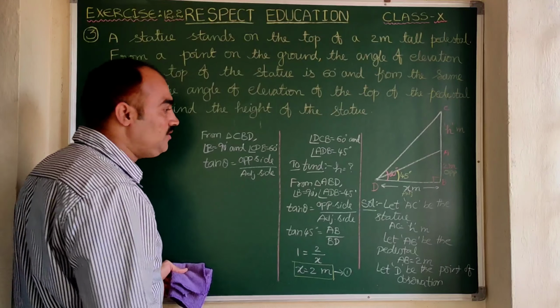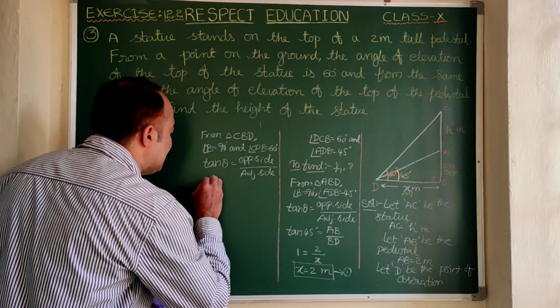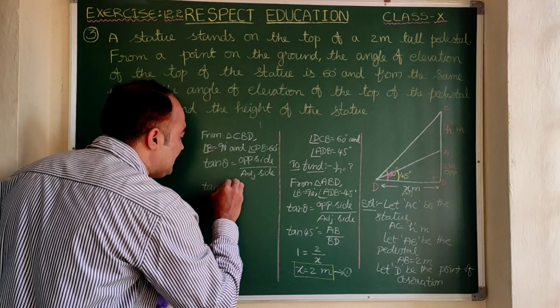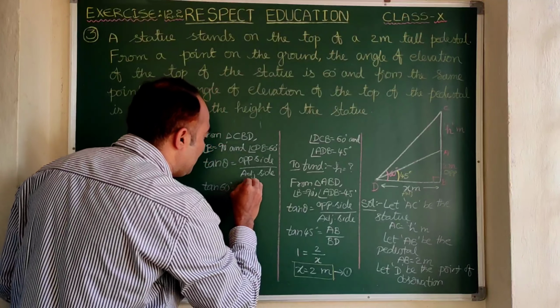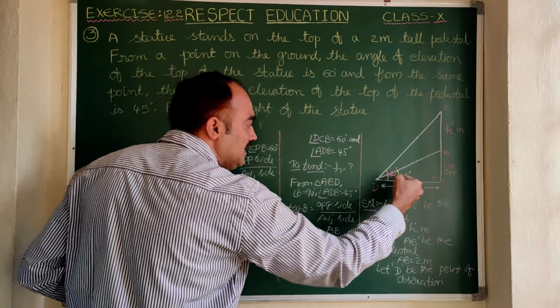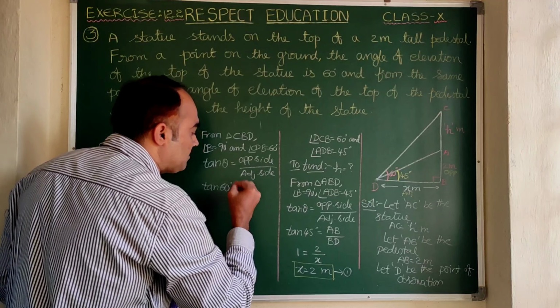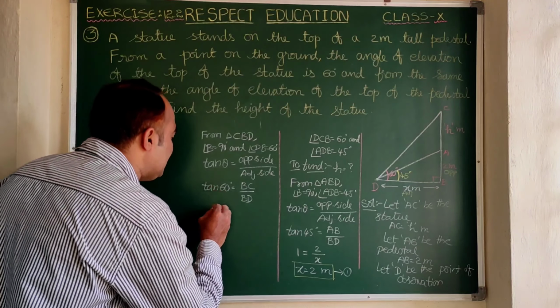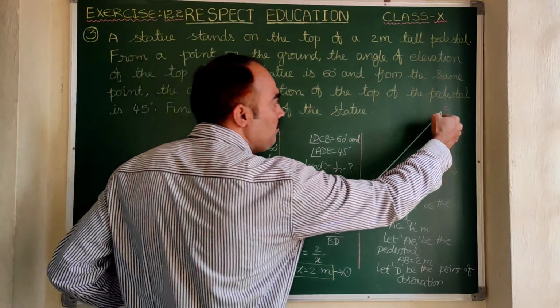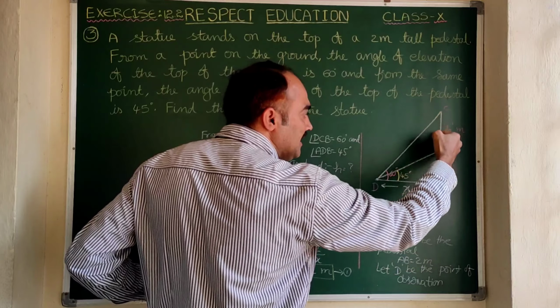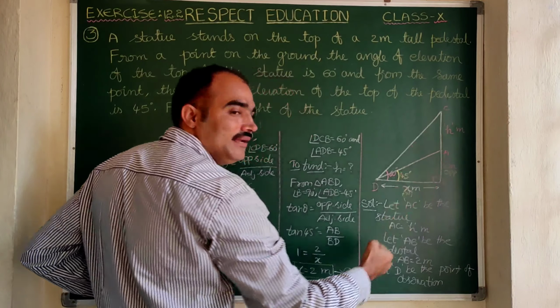Let us substitute the values. Here theta is 60 degrees. So tan 60 degrees is equal to opposite side BC by adjacent side BD. Tan 60 is root 3, is equal to BC by BD. Here you observe BC is nothing but CA plus AB.